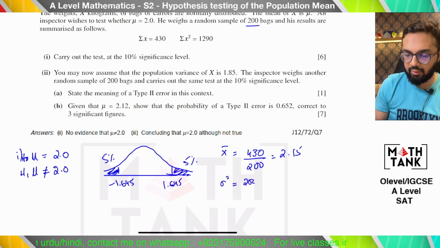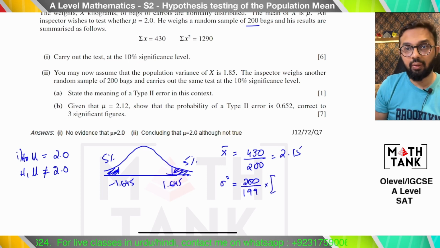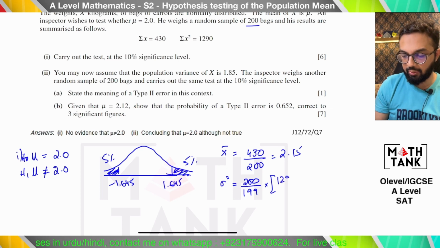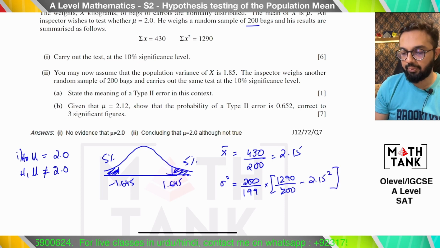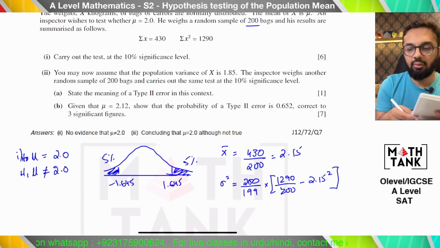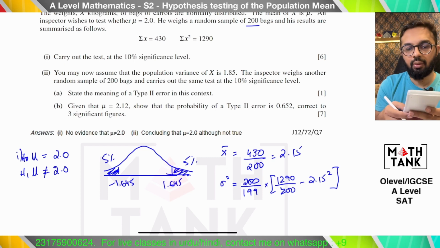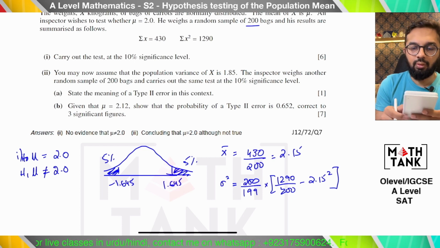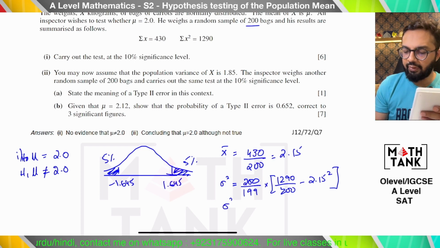So n over n minus 1 into the working for the standard deviation, which is 1290 divided by 200 minus 2.15 squared. So I have sigma square equals 1.837.